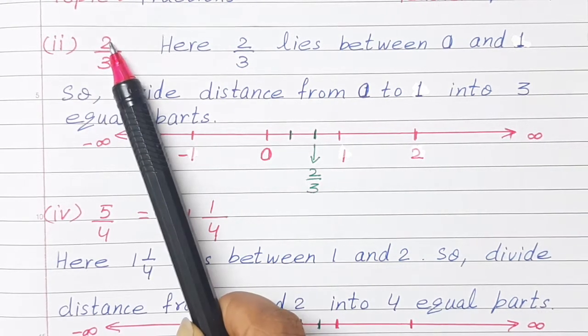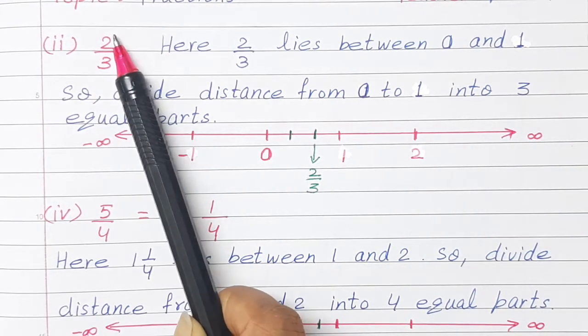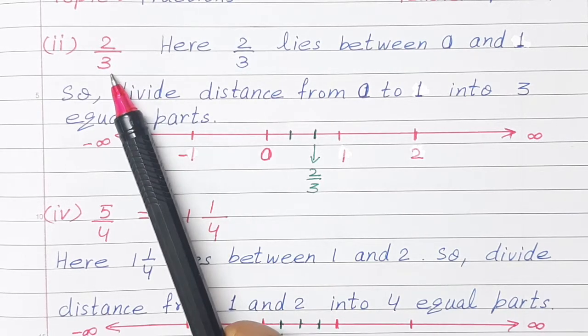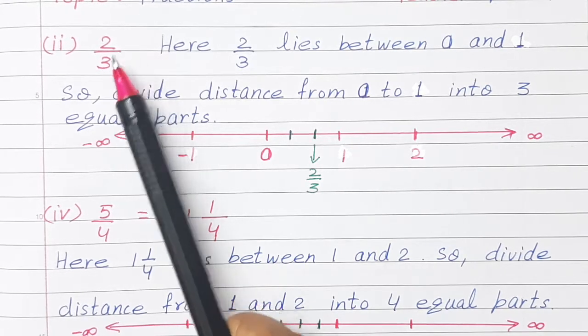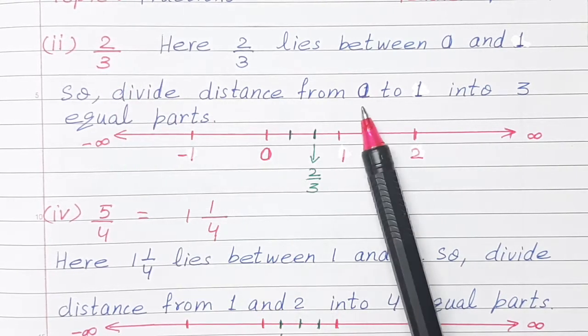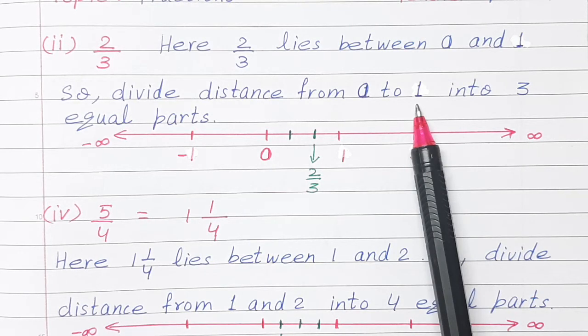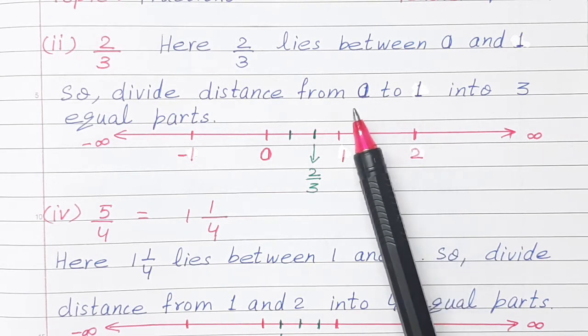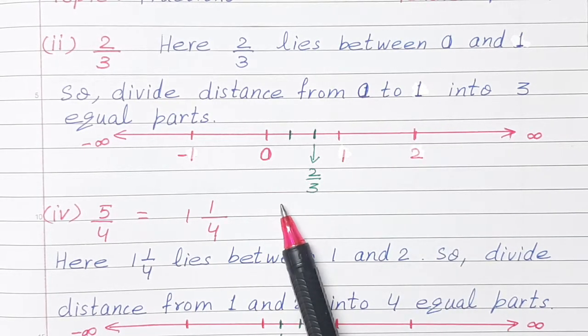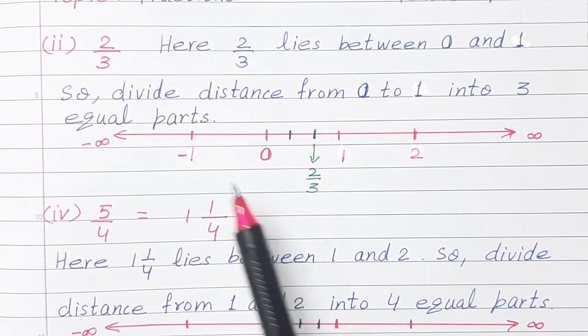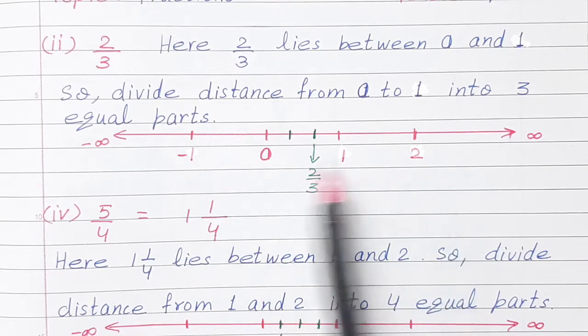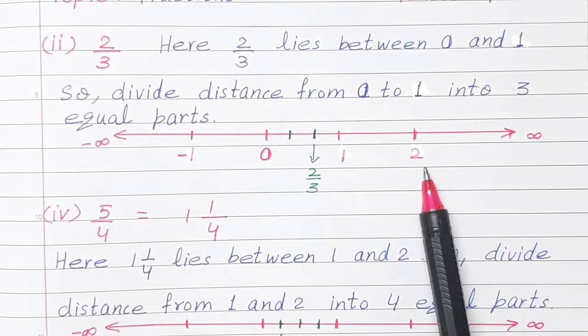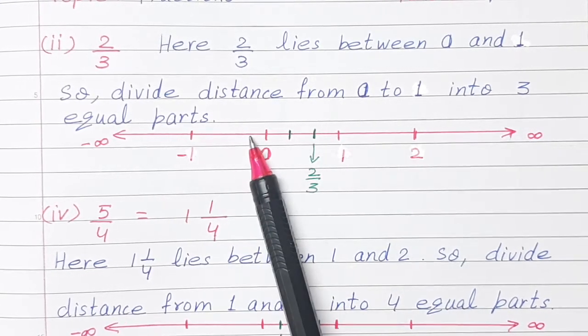Whenever the numerator is less than the denominator, or you can say that whenever it's a proper fraction, it always lies between 0 and 1. Right? Now let us consider 0 and 1 on a number line. Now as per the rule, we have to take one extra number on both sides with equal gap, right?